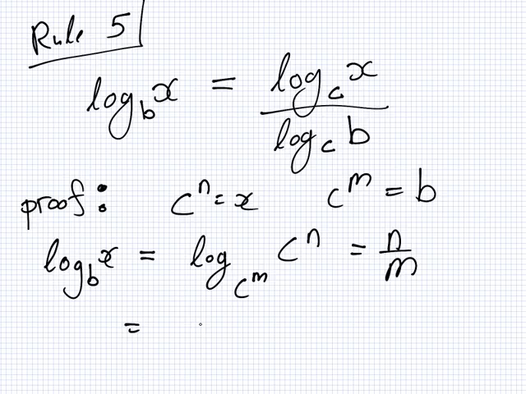That's equal to log base c of x, and that's equal to log base c of c^m. Yeah, so I need b here. Yeah, should have gone with my first instinct. All right, that's proof. That's rule 5. Wasn't that hard, actually?